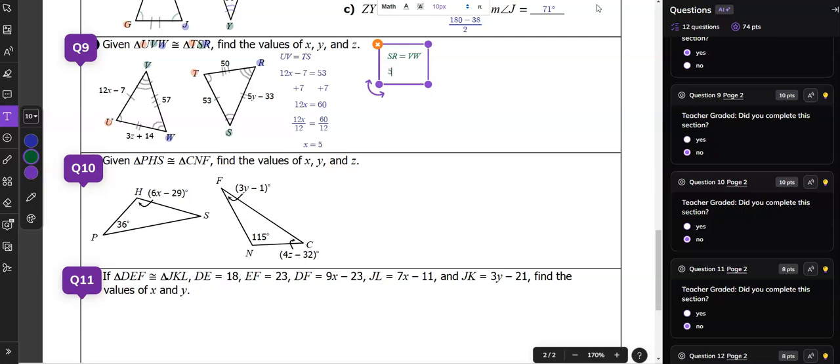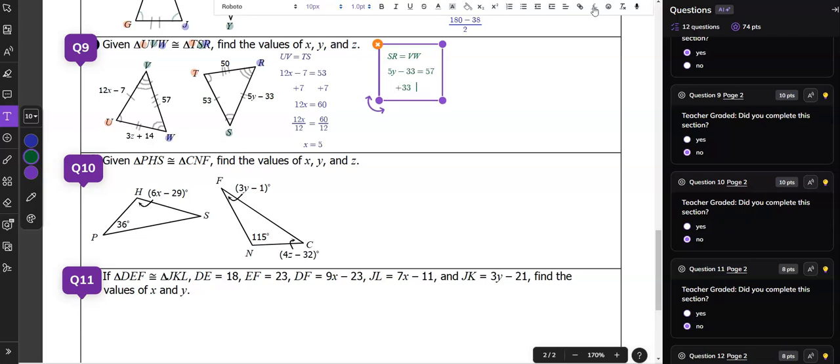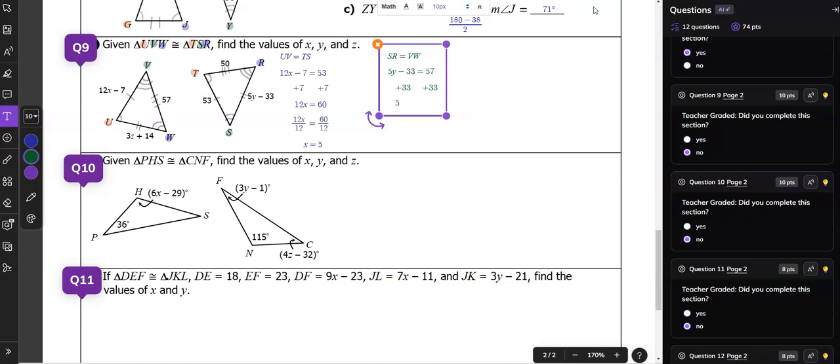So we have 5y minus 33, sorry, 5y minus 33 is equal to 57. Let's go ahead and add 33 to both sides. And that gives me 5y is equal to 90. Divide both sides by 5.